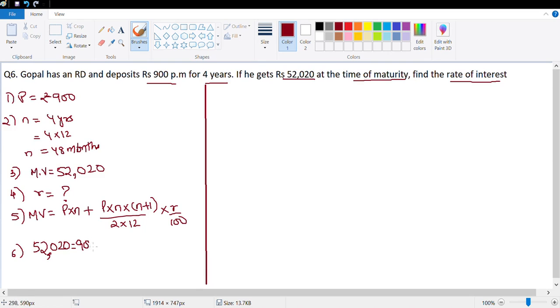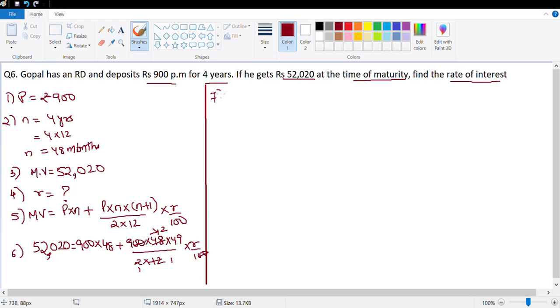Principal is 900. Time n is 48. So this is 900 into 48 into 49 upon 2 into 12 multiplied with R, which is what we need to calculate, upon 100. These two zeros cancel this. 12 1, 12 4, 2 1, 2 2.